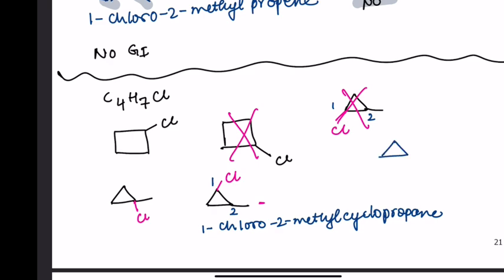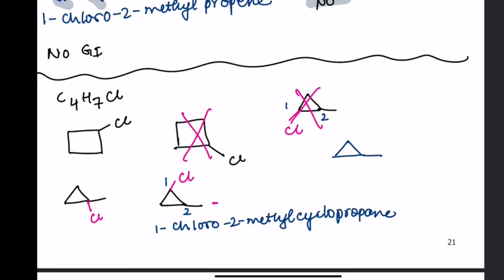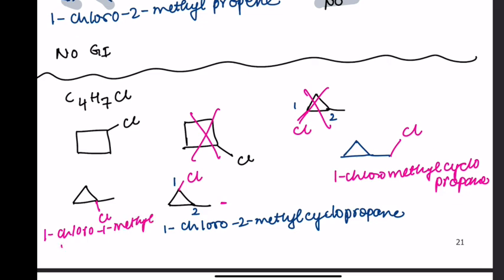Let me keep going. Have I exhausted the possibilities of everything with 3 carbons? What if I put the methyl group and then I put the chlorine group on top of the methyl group? So then this would be 1-chloromethyl cyclopropane. And I want you to notice the difference. So this is 1-chloro 1-methyl cyclopropane, whereas this is saying 1-chloromethyl.